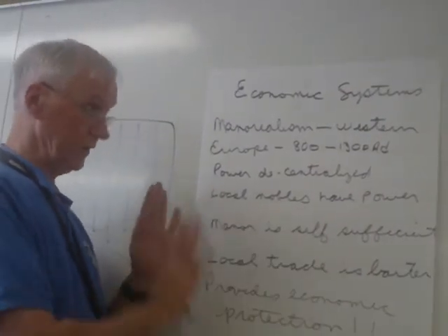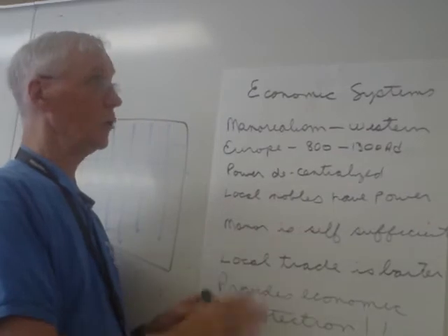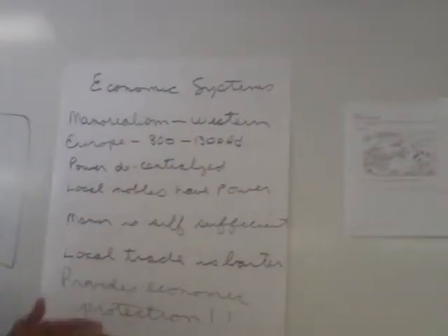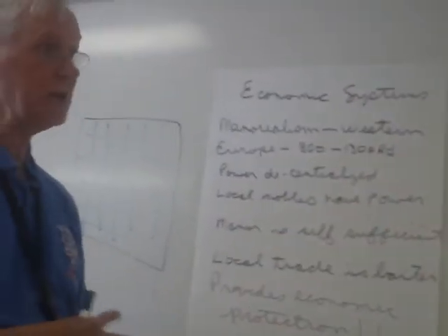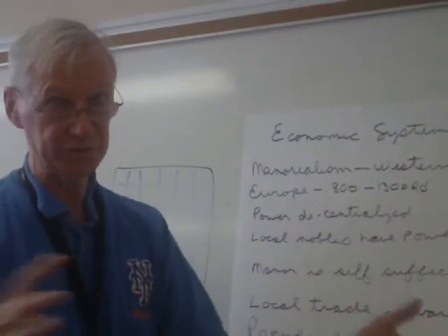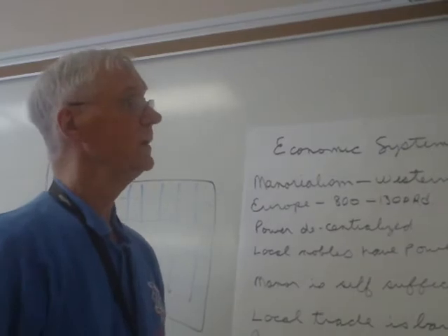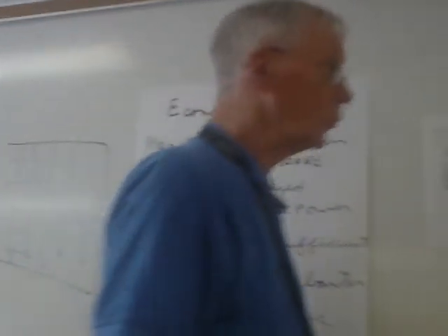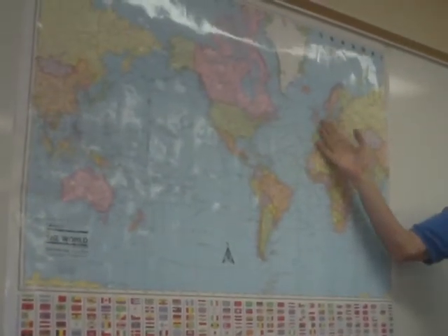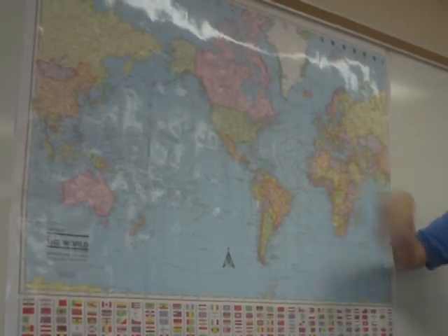So going over this economic system, manorialism involves a self-sufficient place. You don't have to leave. Everything you need is there, including religion. And in the Middle Ages, the Catholic Church was the dominant force in Western Europe. And the area of the world that we're talking about here for manorialism is Europe, predominantly Western Europe, in the area that used to be the Roman Empire.